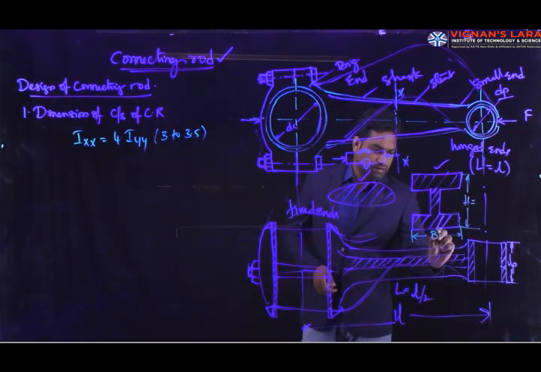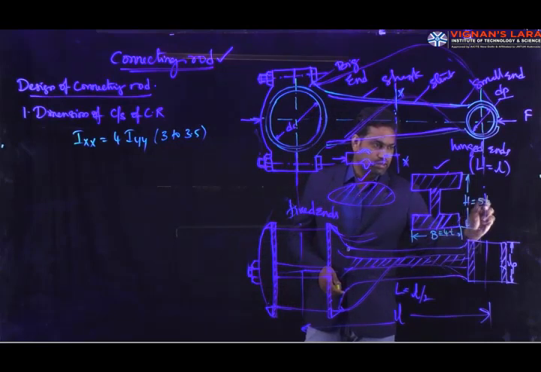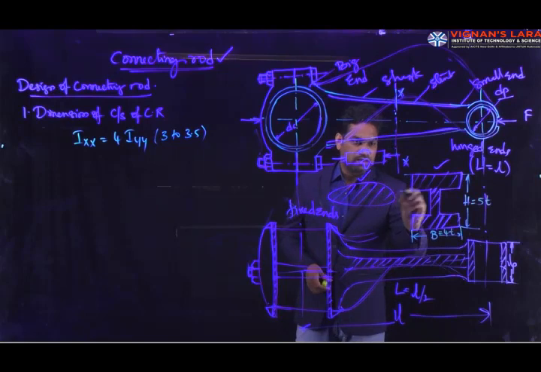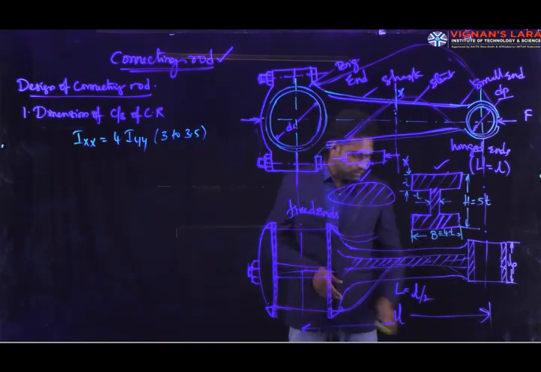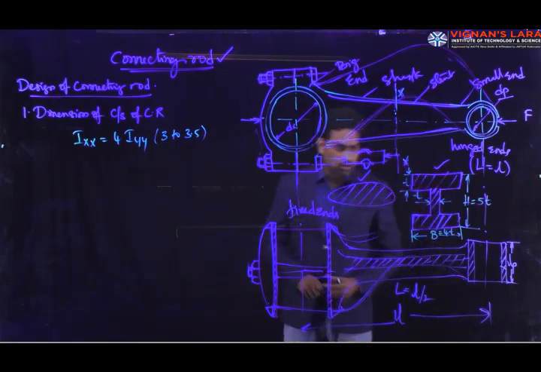Here the width can be taken as 4 times T and the height as 5 times T, and T means the thickness of the flange or web. So we denote the thickness of flange or web by small t.